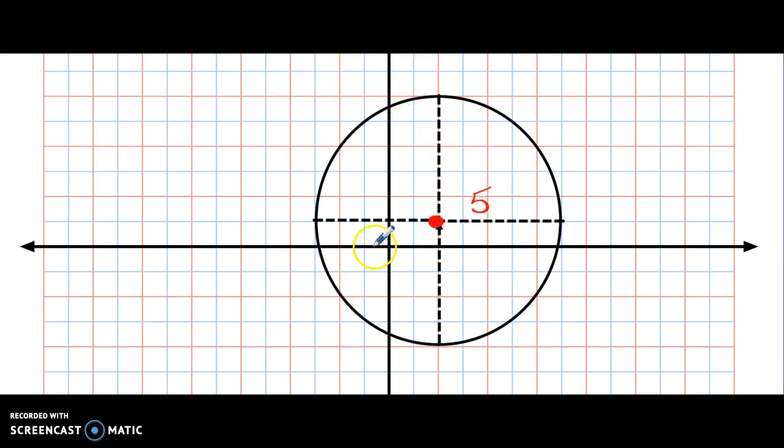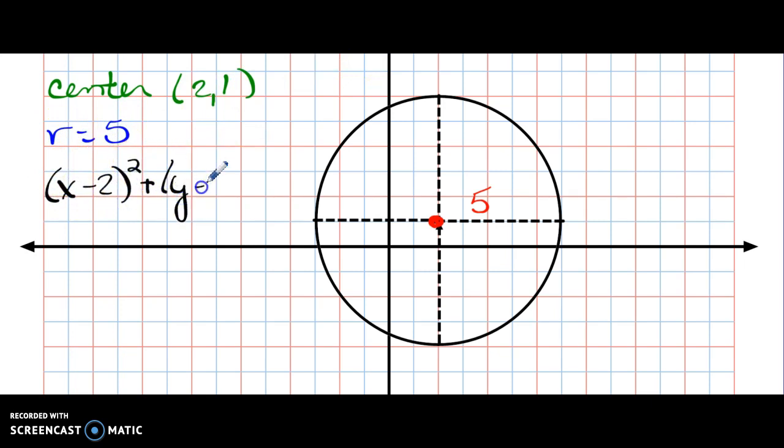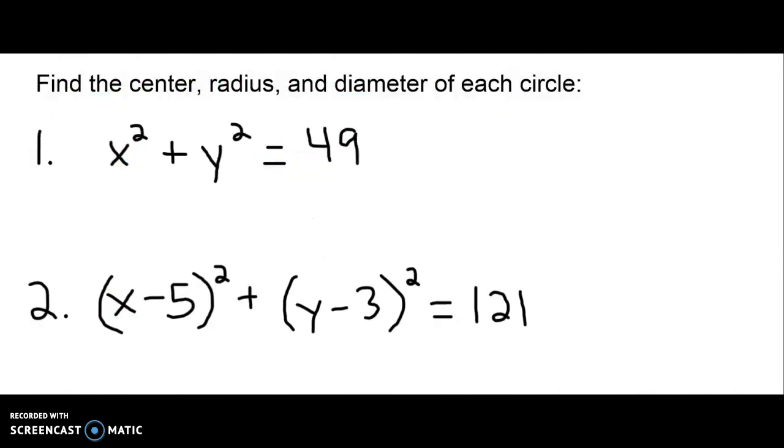So my center is located at 2, 1. And my radius is 5. So my equation is going to be (x minus 2) squared plus (y minus 1) squared is equal to 5 squared, and 5 squared is 25.